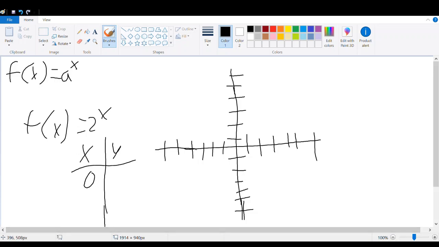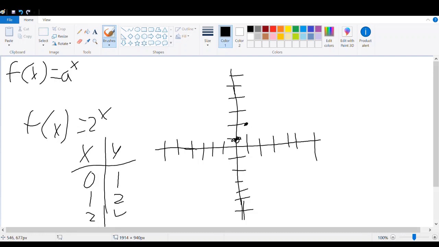When x is 0, y is 1, because 2 to the 0 is 1, so 0, 1. When x is 1, y is 2, because 2 to the 1 is 2, so that's 1, 2.